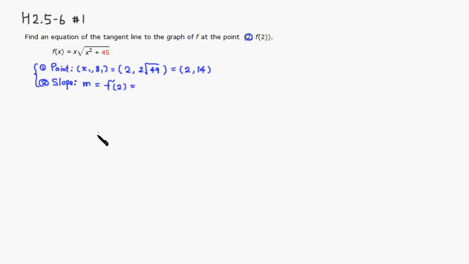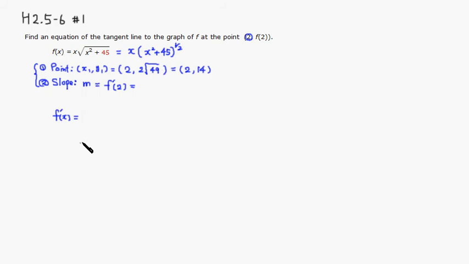So we have to find the derivative, f prime of x. Before we take the derivative, I don't like the square root here, so I'm going to rewrite it as x times quantity x squared plus 45, raised to the 1/2 power.